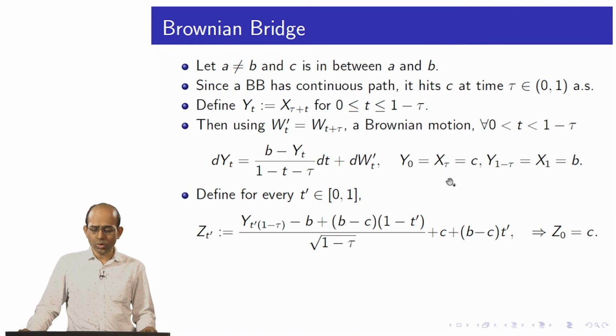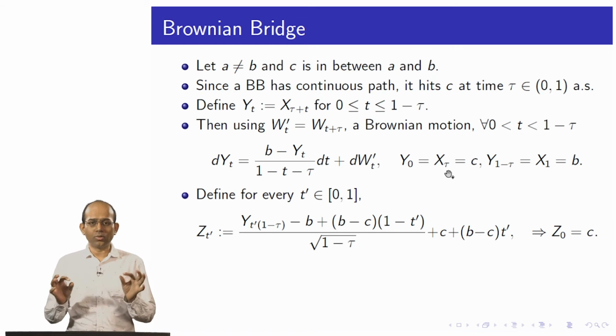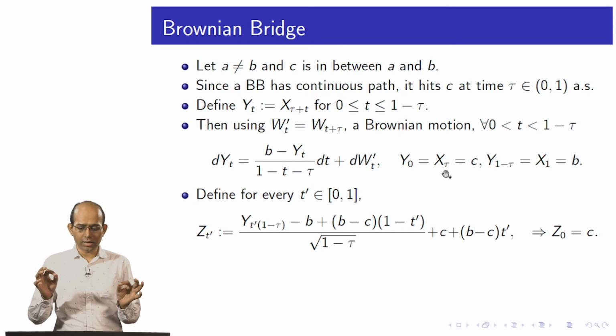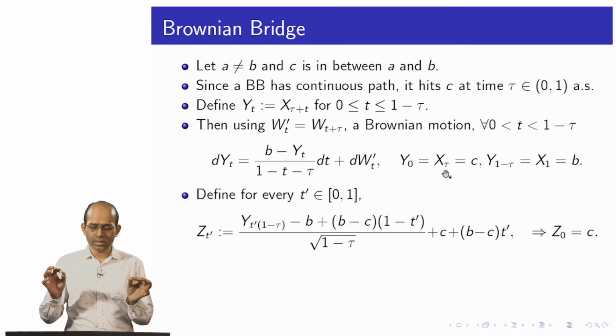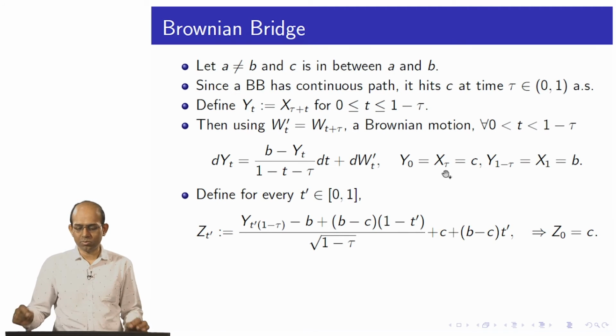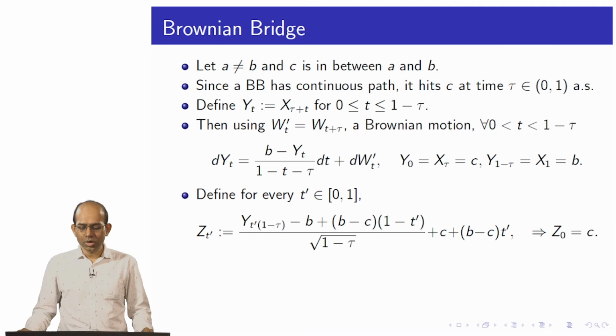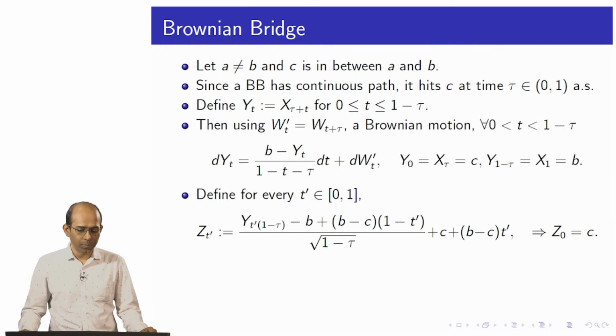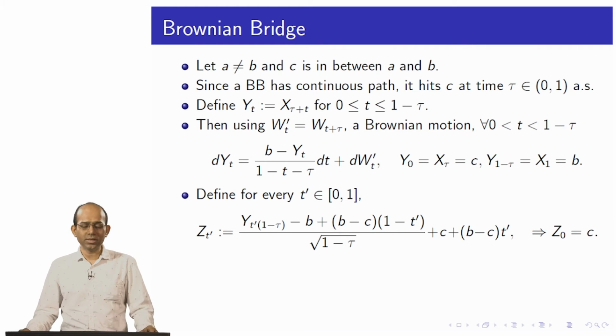Okay. So, we now understand y is just starting at time 0 at c, and at 1 minus tau, which is a random time, it is touching b, correct. So, it is not exactly like a Brownian bridge, you have to do something more. Okay, the something more comes here.